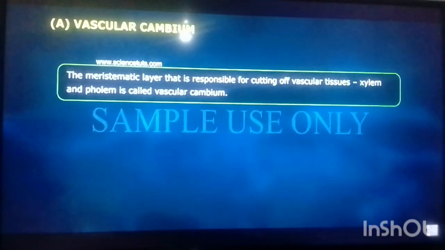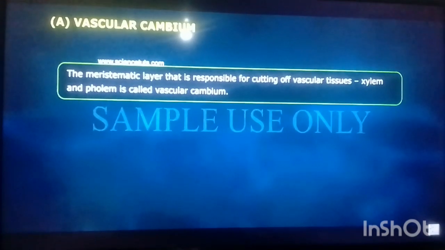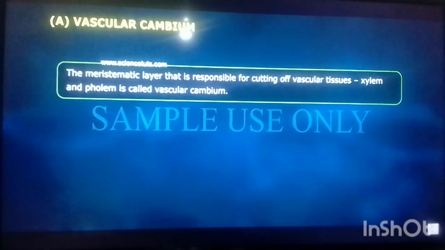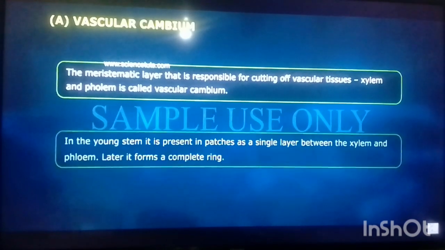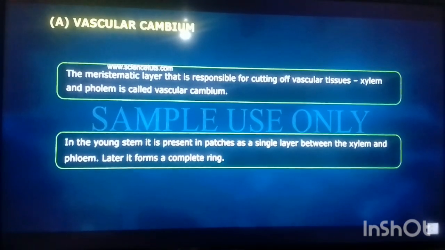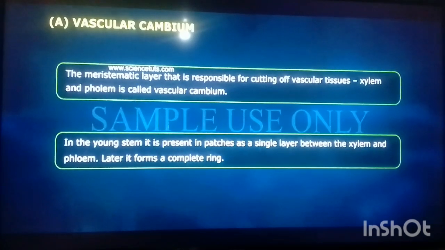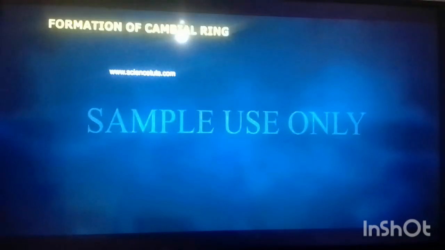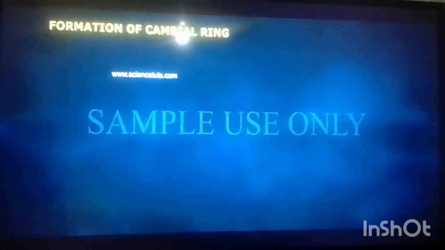The meristematic layer that is responsible for cutting off vascular tissues, xylem and phloem, is called vascular cambium. In the young stem, it is present in patches as a single layer between the xylem and phloem. Later, it forms a complete ring. Formation of cambial ring.